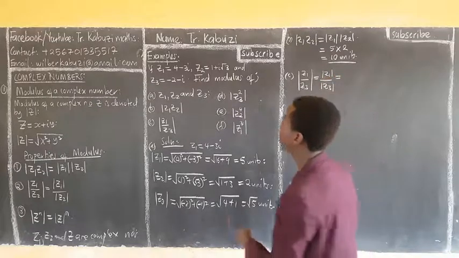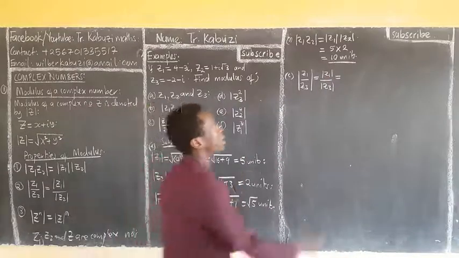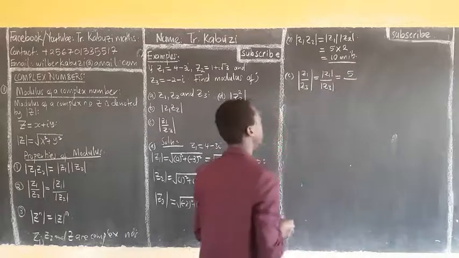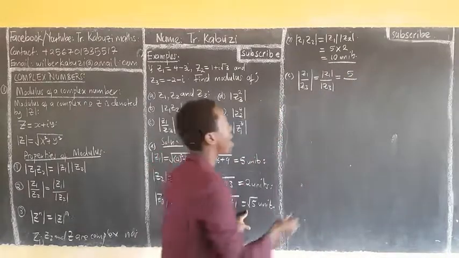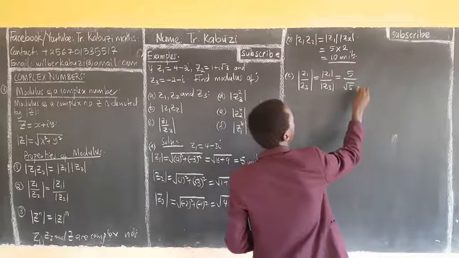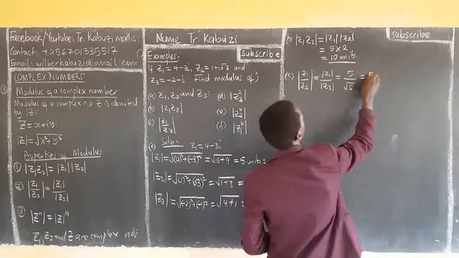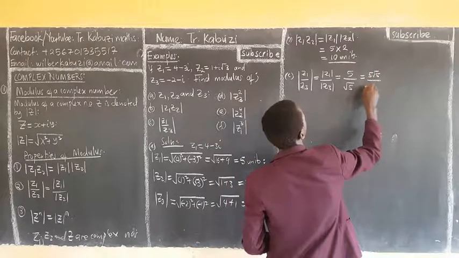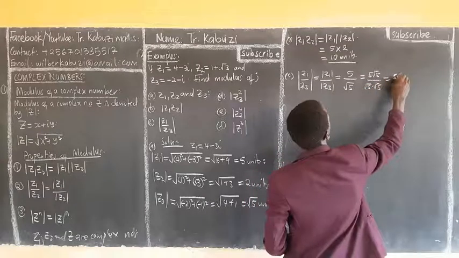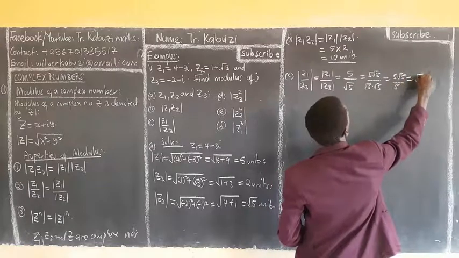The modulus of z1 was 5 from here, the whole over the modulus of z3. Our z3 is here as root 5. You can simplify this by multiplying up and down by root 5: 5 root 5 over 5, and this will give you root 5.